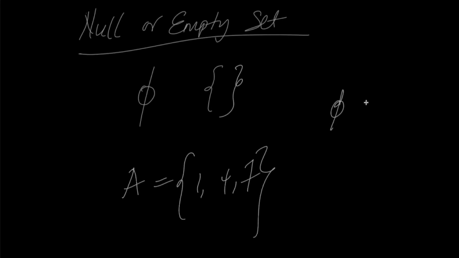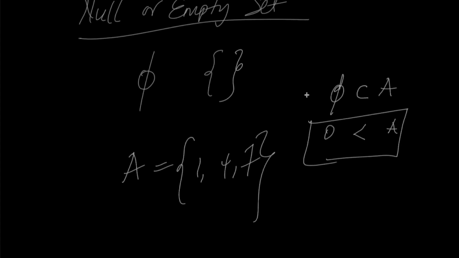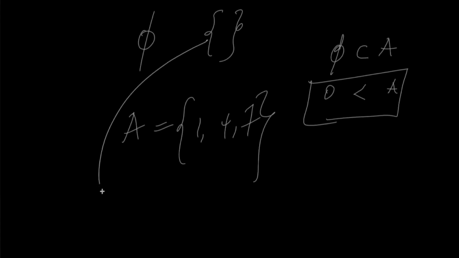It's a subset of A, because zero is actually less than A. If you want to put it in the language of inequality, it is a proper subset of A. So the null or empty set is always a proper subset of every set. But what I want to explain to you before I leave this place, if you do something like this, this is no longer an empty set, because it has one element.